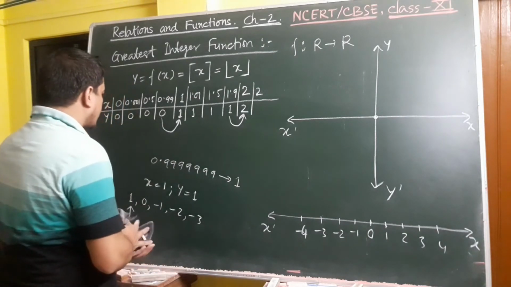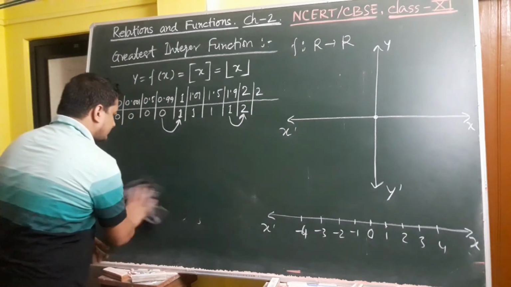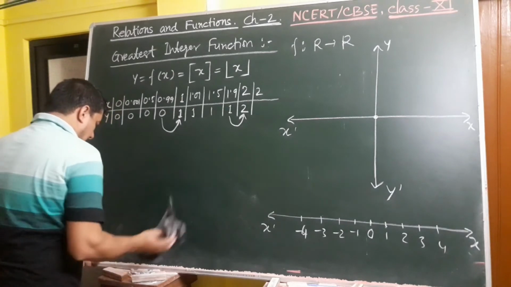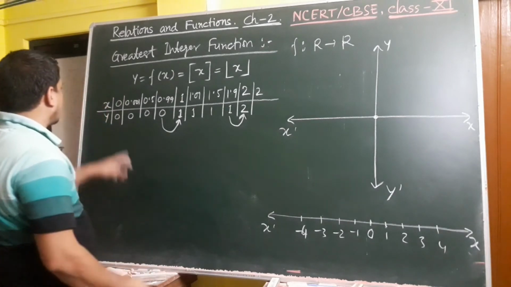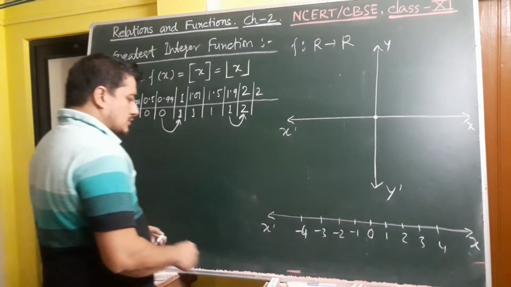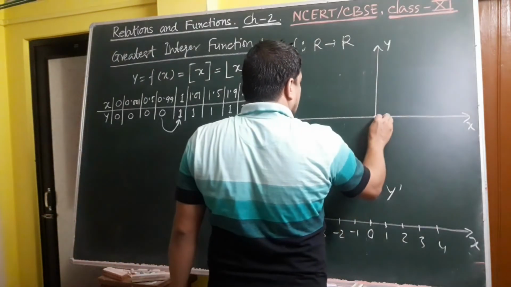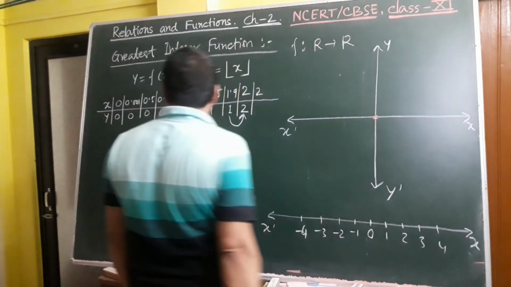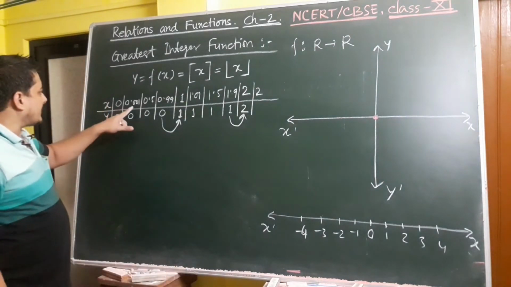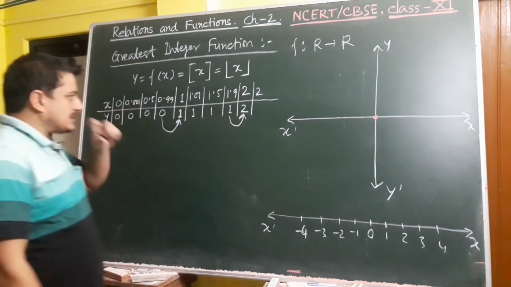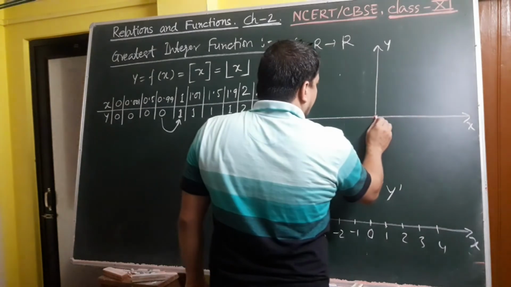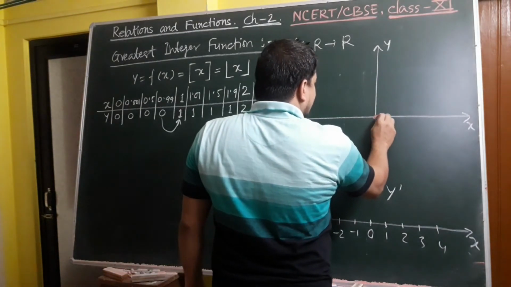How to draw the graph? Okay. So what are the points I have got? I have got 0, 0. So I locate this one, 0, 0. So 0, 0 is part of our graph. Then for 0.001 it is 0. So that means as you move slightly, it is still here.